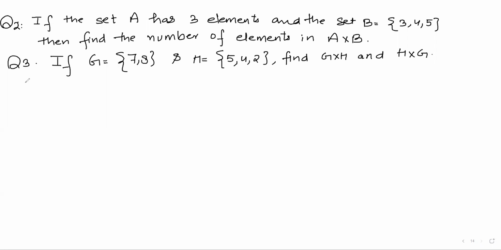Very, very good. Next, try question number five. If A is equal to -1, 1, then find A cross A cross A. Okay, please try this.